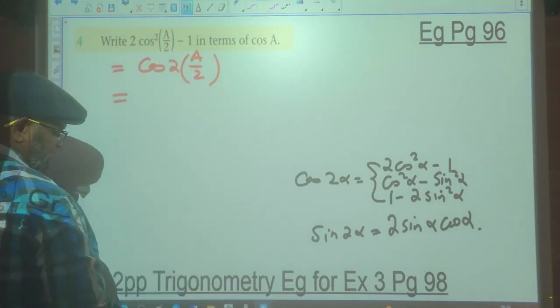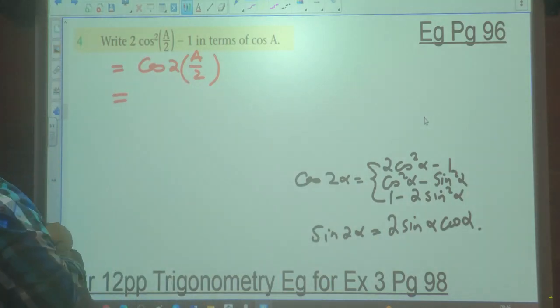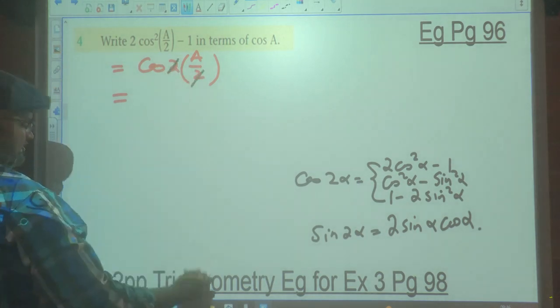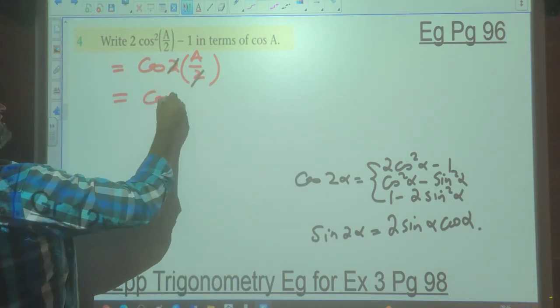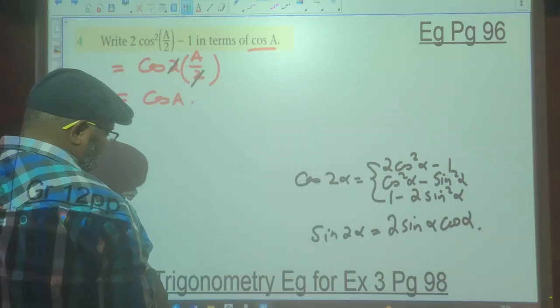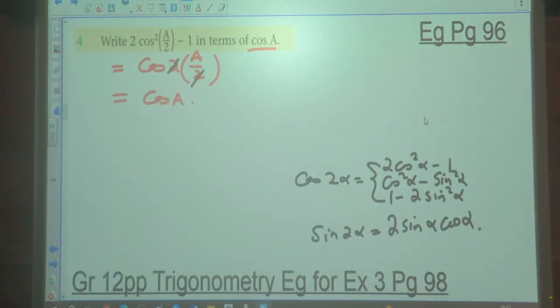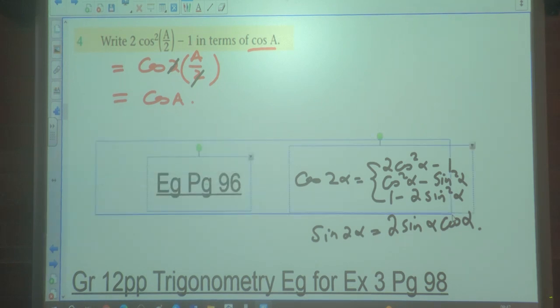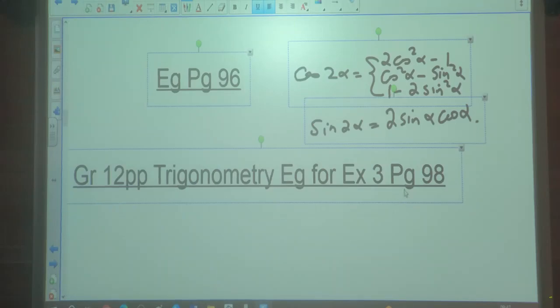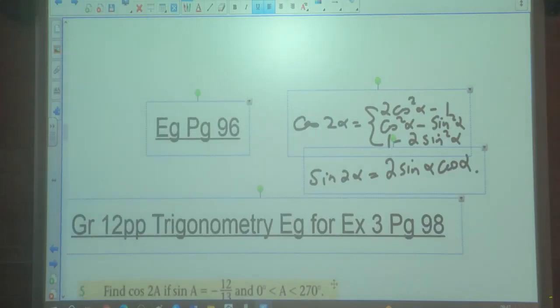So what is 2 multiplied by half a? A. So that's gone. The answer is cos a. Any confusion there? No? Let's carry on.